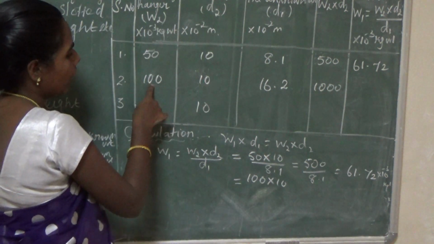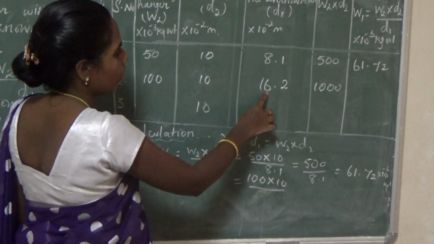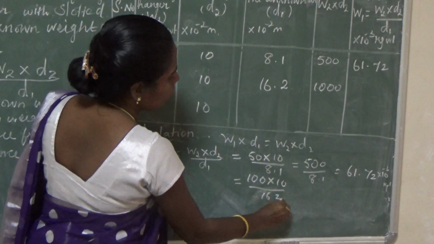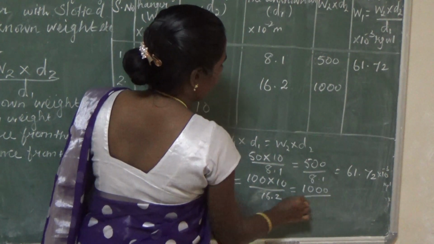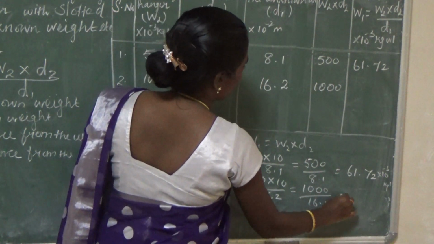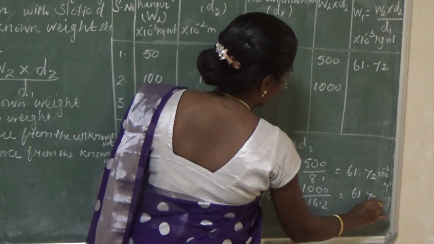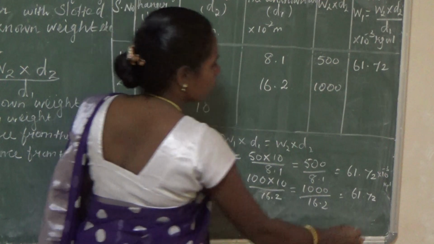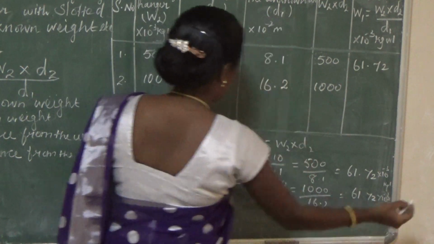The W2 value is 100 and the D2 value is 10, divided by the D1 value we got, 16.2. So 1000 by 16.2. If you multiply, you will get almost the same value: 61.2 into 10 to the power minus 3 kilogram weight.